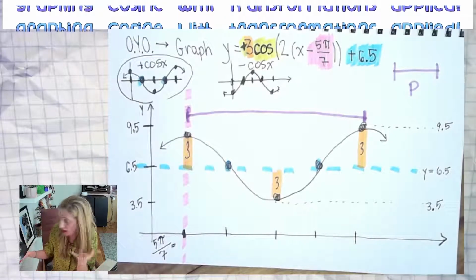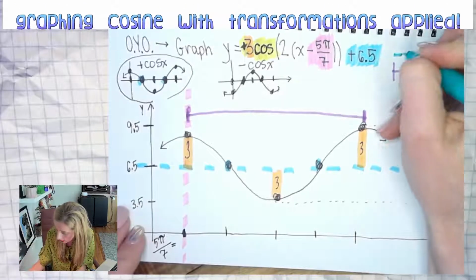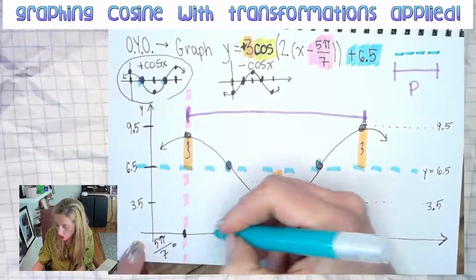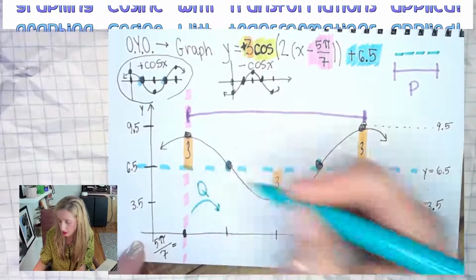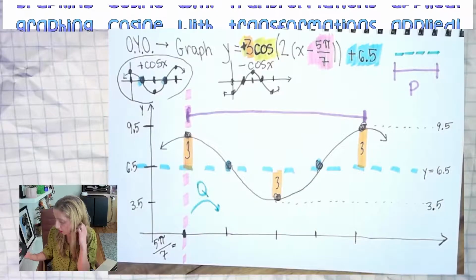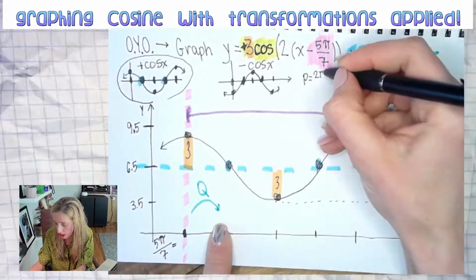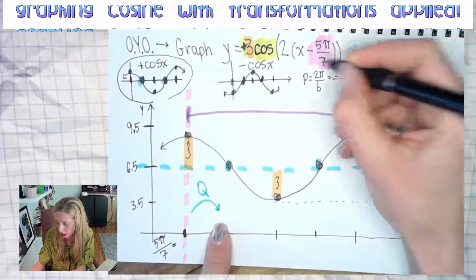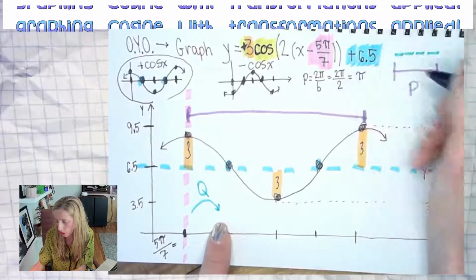You just need to find the period so that you can find the quarter period. 4 quarters make a whole. So you know how much you're adding to go to the next spot. Okay? So that's what we want to do. So let's do one thing at a time. The formula for the period is 2 pi over b, which is 2 pi over 2, which is pi, or pi over 1.